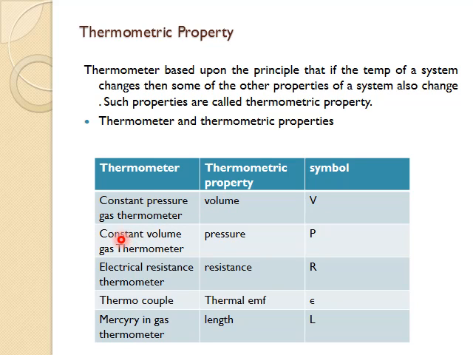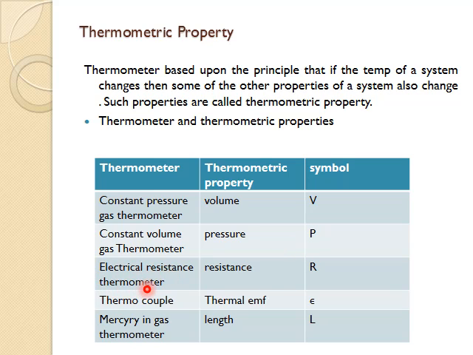Similarly, the second one is the constant volume gas thermometer. In this thermometer, the volume of the gas will be constant and its pressure will be changing. This change in the pressure is used as the thermometric property, and hence it is utilized to measure the temperature change of a body. The symbol we usually represent it by is P.